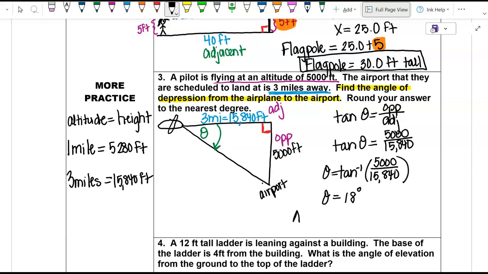So the angle of elevation, or excuse me, angle of depression to the airport is 18 degrees.